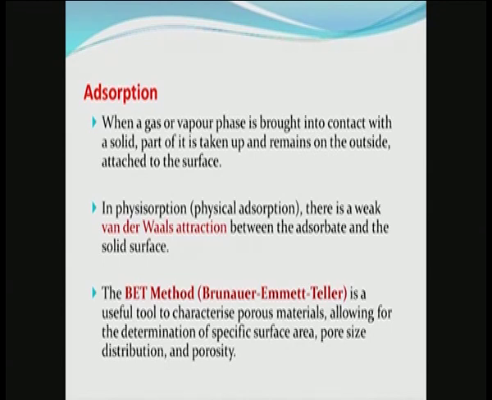In this case, there is a weak van der Waals interaction between the adsorbed vapor or gas and the solid surface on which it is adsorbed. The well known BET method, standing for Brunauer, Emmett, Teller, is a useful tool to characterize porous materials and allows for the determination of the specific surface area and the pore size distribution of porous materials.